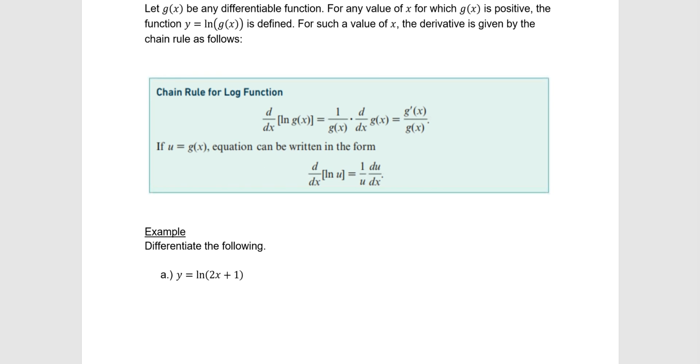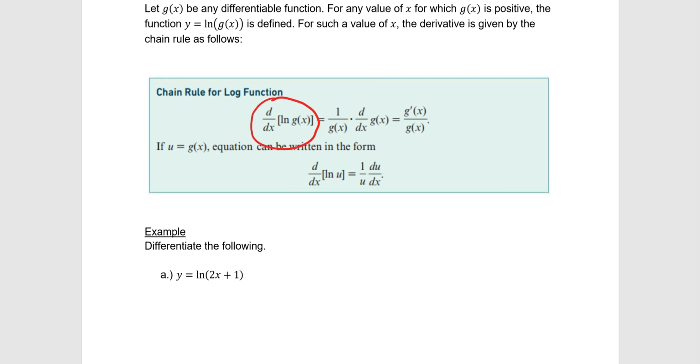So now for the more general definition, that was just taking the derivative of ln of x. Now we're going to be taking the derivative of ln of some function g of x. So instead of an x as the input, it's going to be some other function. So the derivative here is going to actually be using the chain rule.